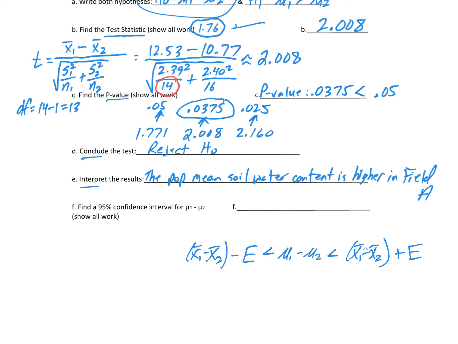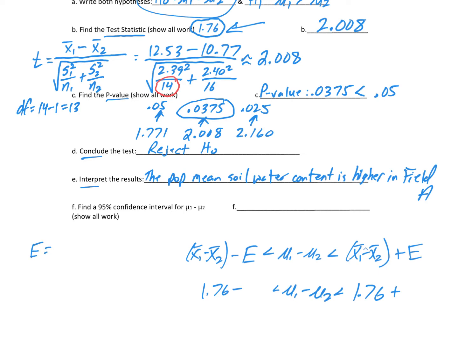Now do you see why I did that, 1.76? So we now know that this is going to be 1.76 minus E, mu1 minus mu2, and 1.76 plus whatever E is. Now we have to get E.